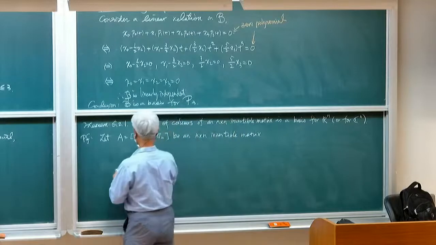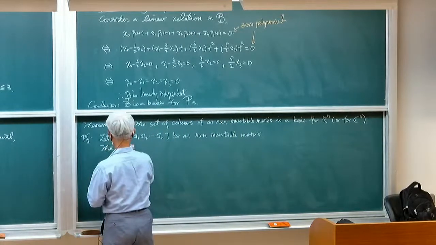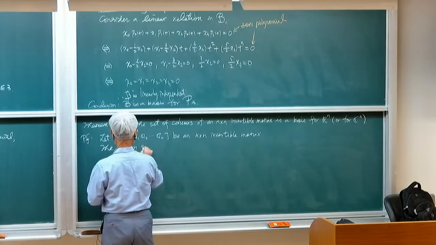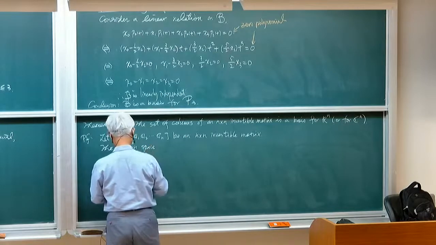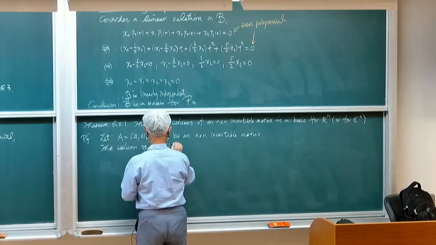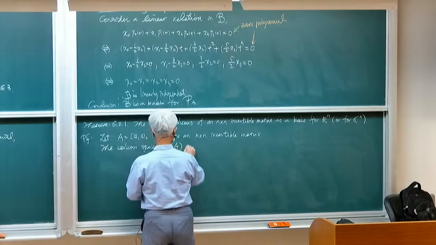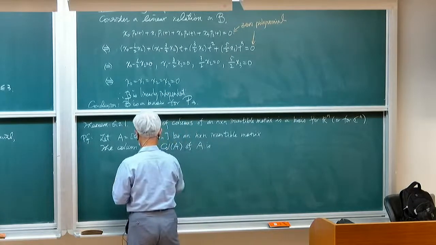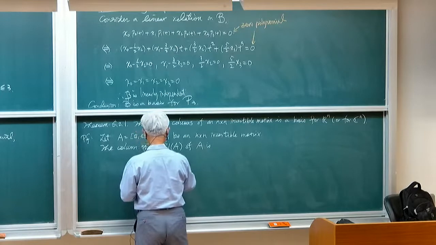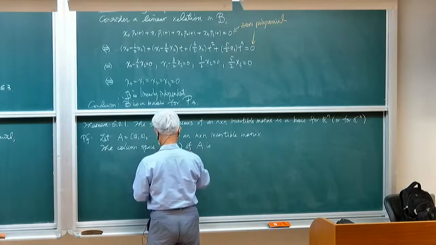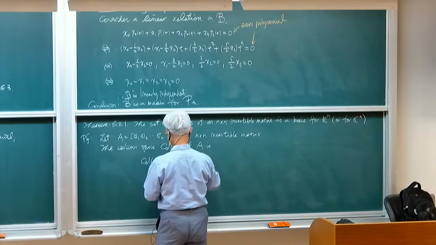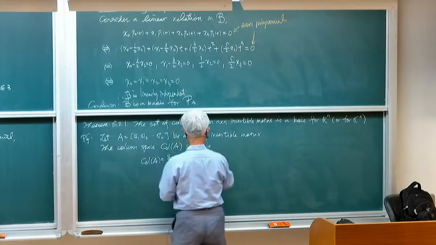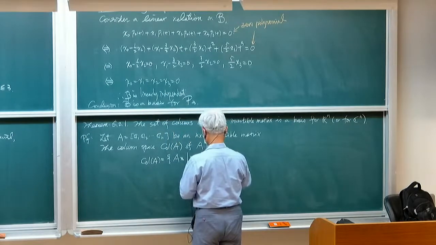Okay, and the column space Col A of A is just the set of AX for all X in Rn or Cn.